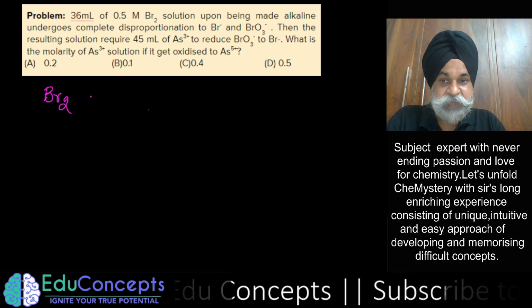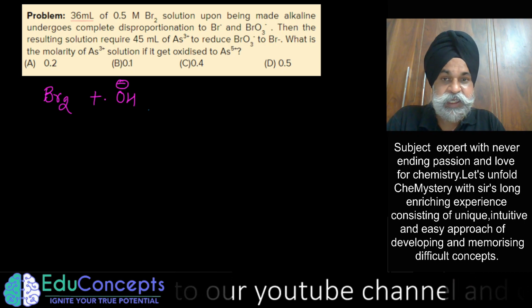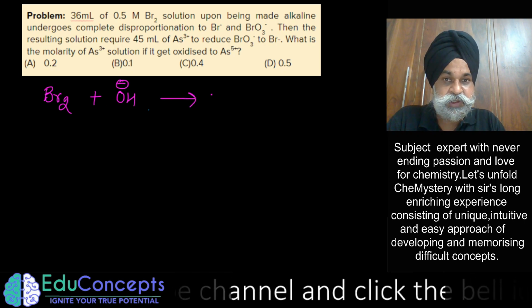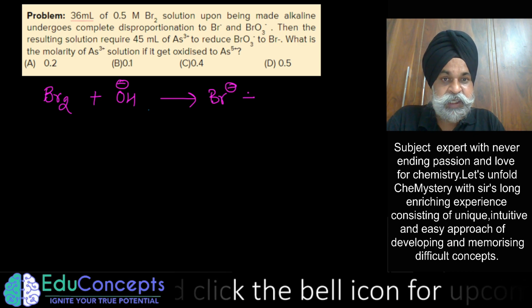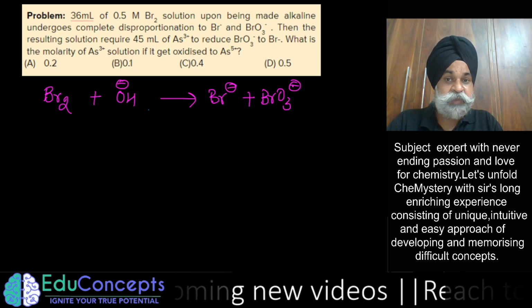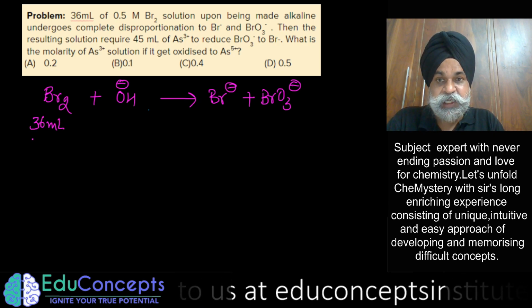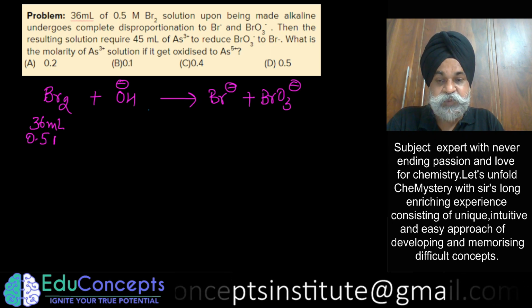The question gives you bromine. If bromine is made alkaline, it undergoes disproportionation to give Br negative and BrO3 negative. The bromine taken is 36 ml of 0.5 molar.